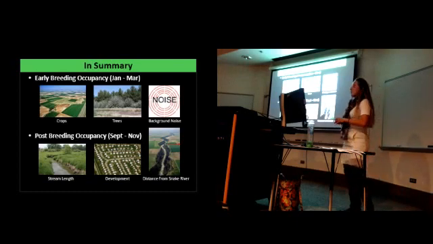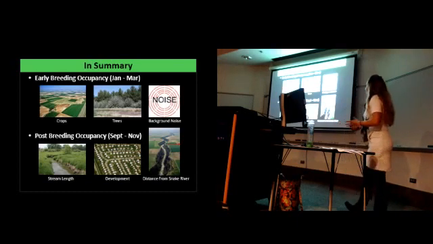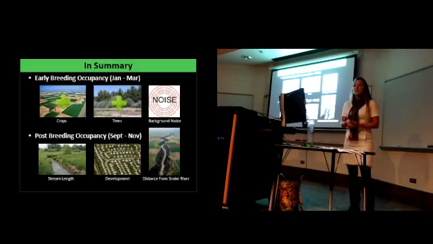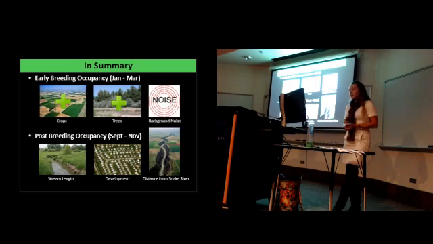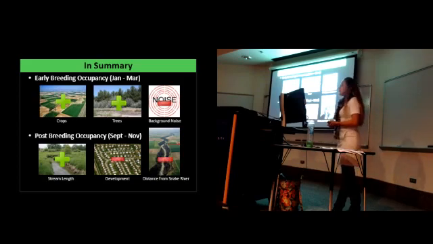So to summarize all of this research, during the early breeding season occupancy model, I found that barn owls are positively associated with crops and trees and negatively associated with background noise. During the post-breeding season, occupancy of barn owls is positively associated with stream length and negatively associated with proportion development and increasing distance from the Snake River.